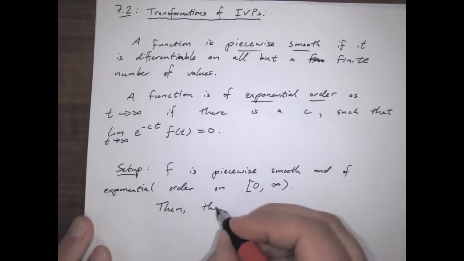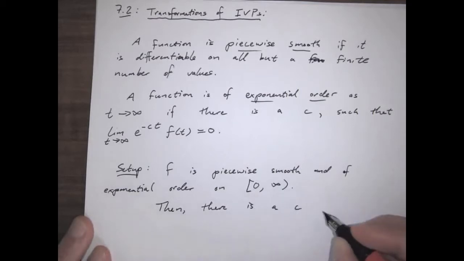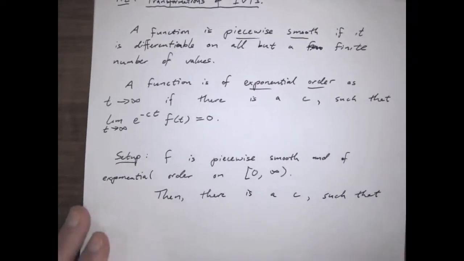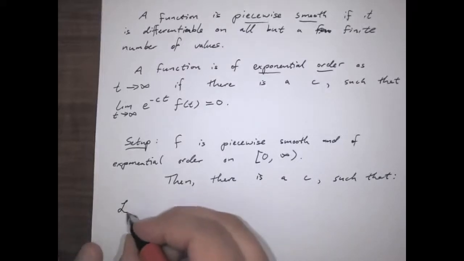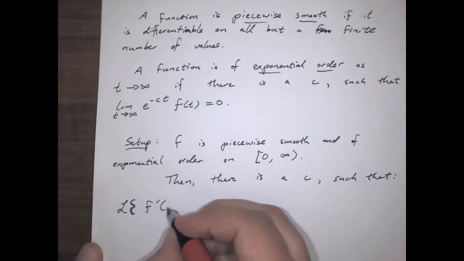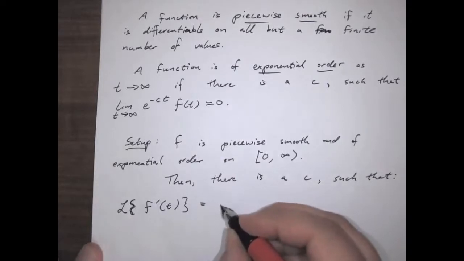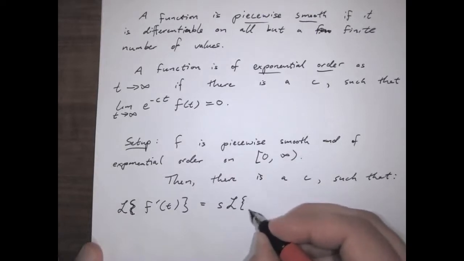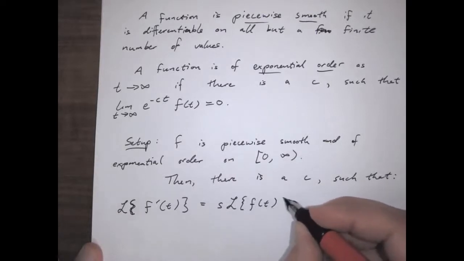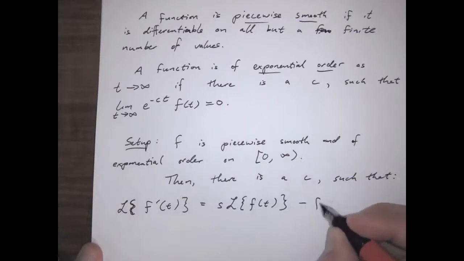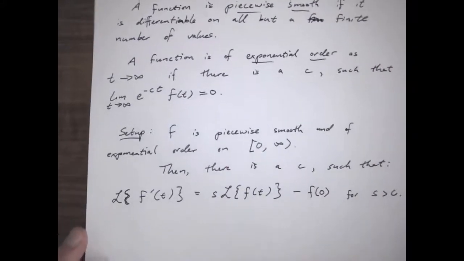Then there is a c such that, and now, the Laplace transform of f prime of t, this is the big result, is equal to s times the Laplace transform of just the original f of t, minus f of 0, for s greater than c.